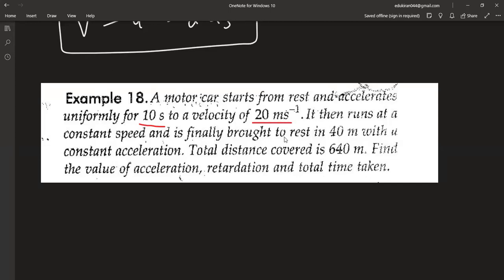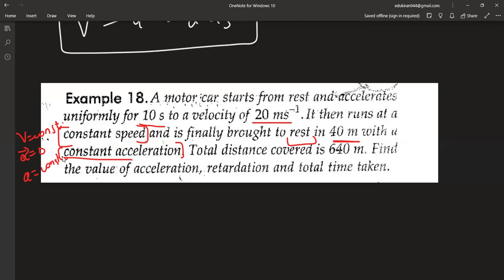Here you have to notice that the speed was constant. If speed remains constant, acceleration automatically becomes zero. With a constant acceleration, here you can apply the uniformly accelerated motion equation.